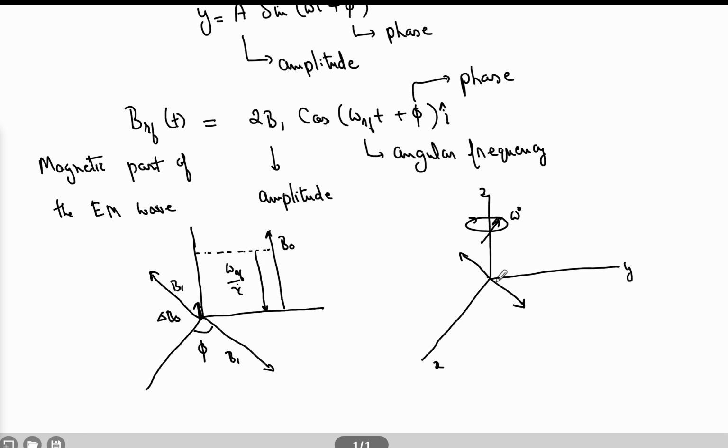So I can break this B_RF(t) into two circularly polarized fields, something like this. One component is going clockwise, another component is going anti-clockwise, and the resultant is nothing but the linearly polarized oscillating field.